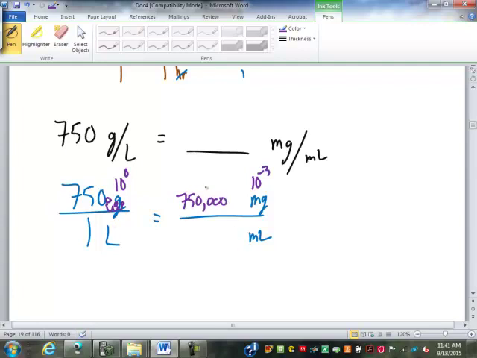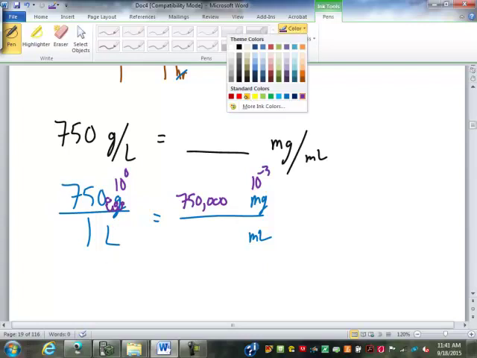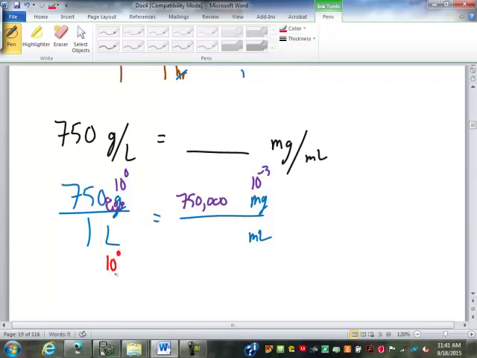From liter to milliliter. Liter is what power of 10? 0, because it's the main unit. Milliliter to negative 3. Unit, once again, is getting smaller, so the number has to get bigger. From 0 to negative 3 again is 3 place values. So the decimal point goes 1, 2, 3. We fill in with zeros.